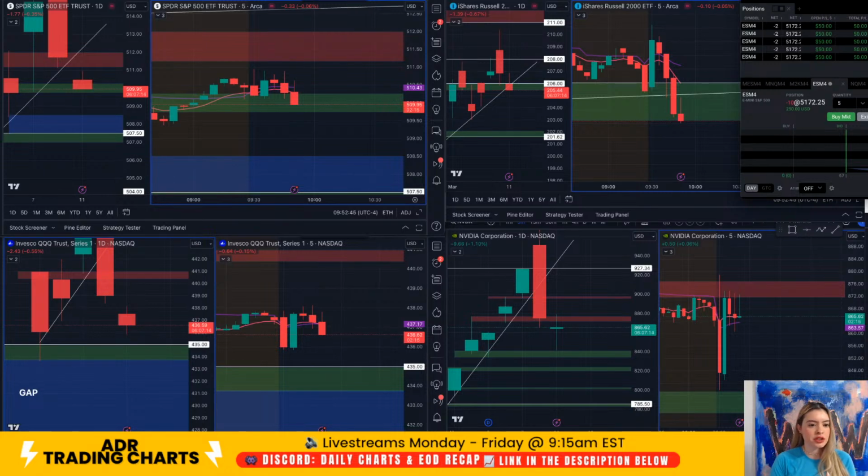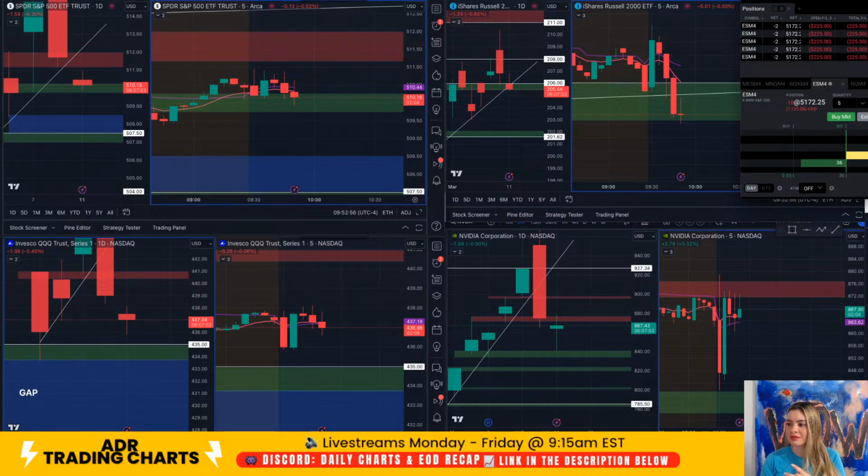Nvidia is having a lot of trouble with Friday high. The Q is looking weak. SPY too. I want to see SPY under the VWAP.